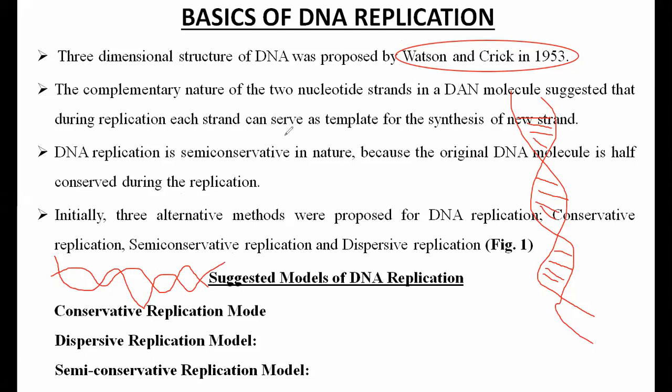When you synthesize a strand, it is like this. You synthesize a strand, it is like this. These two strands join. The bases join. I have discussed this in the previous lecture. Guanine with cytosine, adenine with thymine, right?